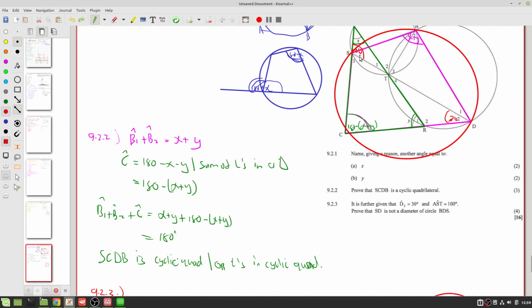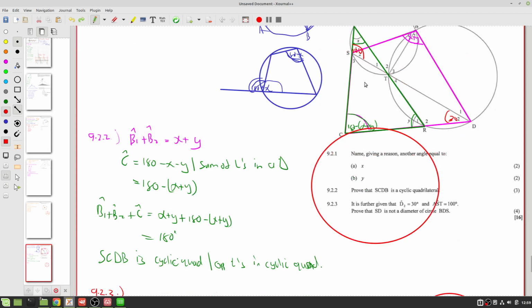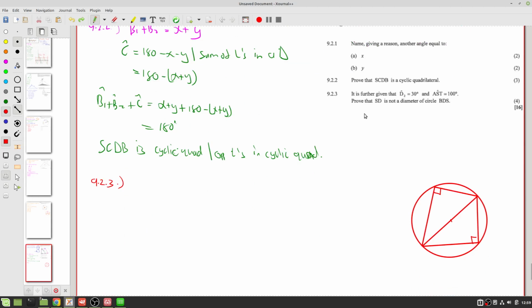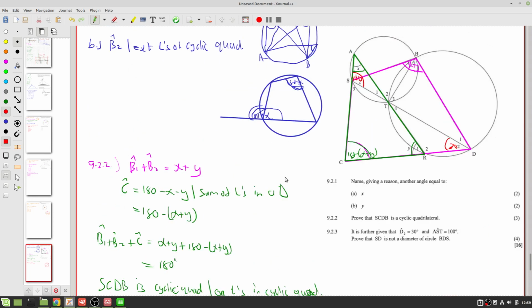We know that is 100, so S3, this part, will be 180 minus 100, which is 80 degrees. So S3 is 80 degrees, because of angles on a straight line.